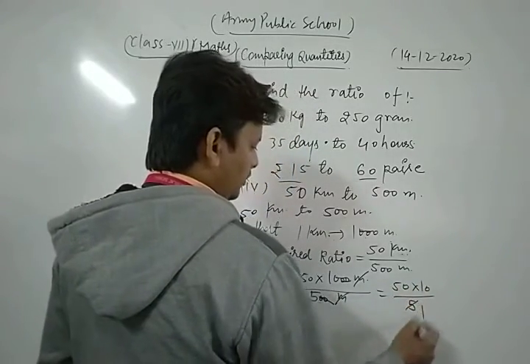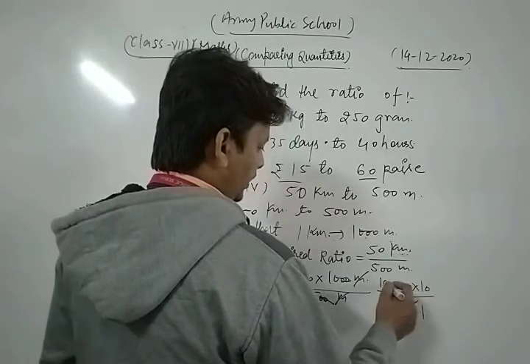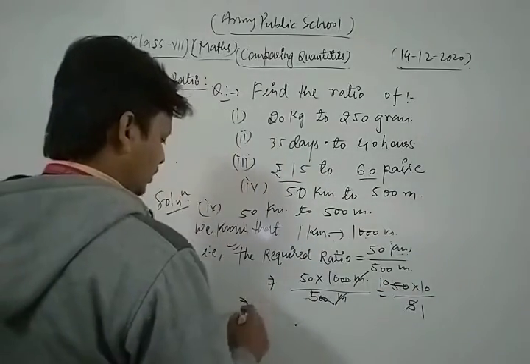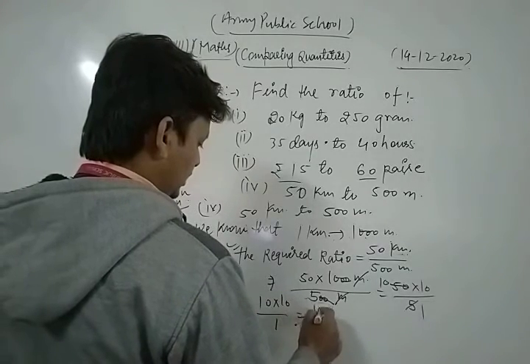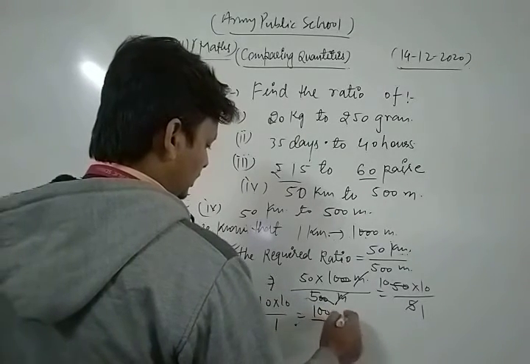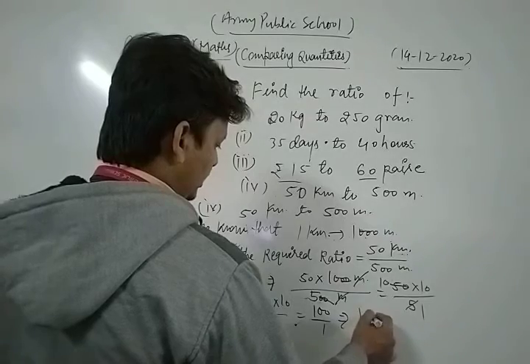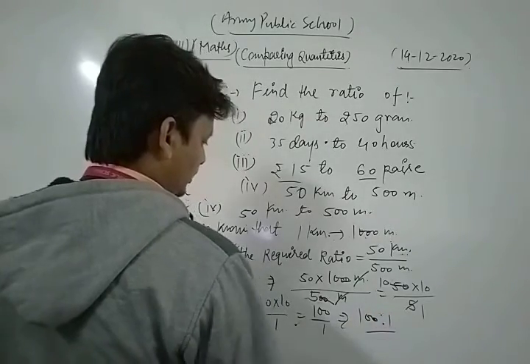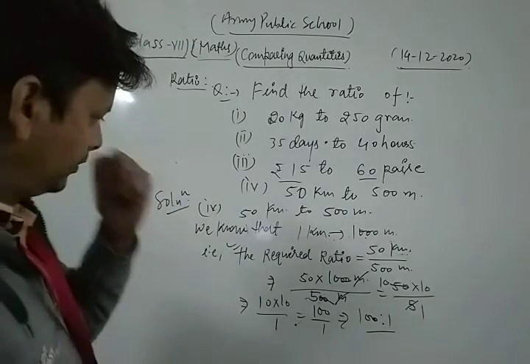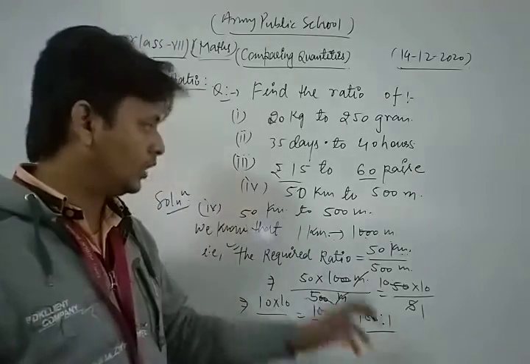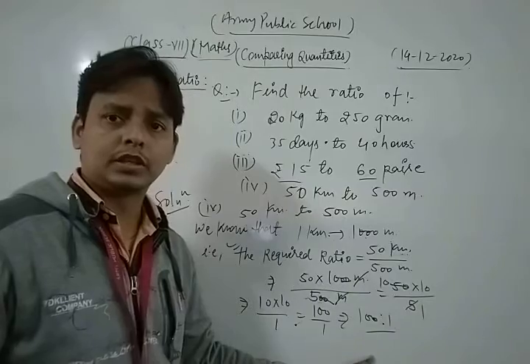So 5 times 5 is 5, 5 times 10 is 50. So we get 10 into 10 divided by 1. 10 times 10 is 100 upon 1. Thus the required ratio is 100:1. So this is the required solution of the given question.